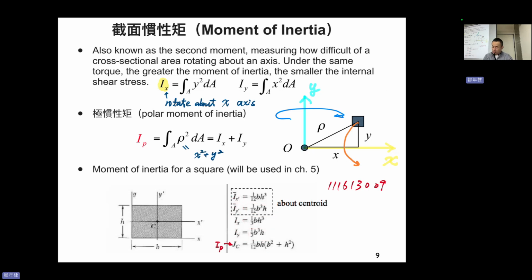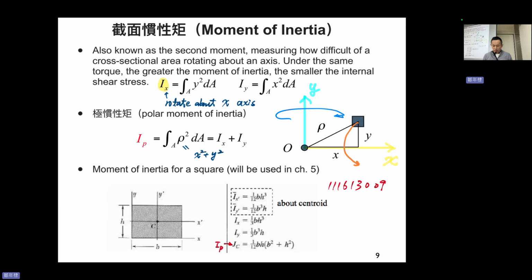You can notice that the rotation about the centroid is always the minimum. It's easier for it to rotate about its centroid. For other rotation axes, it will always be more and more difficult.